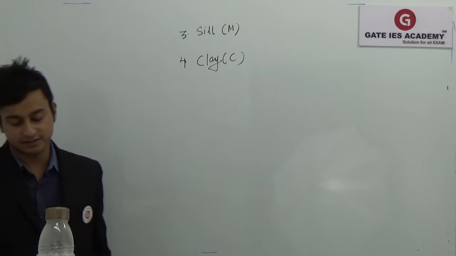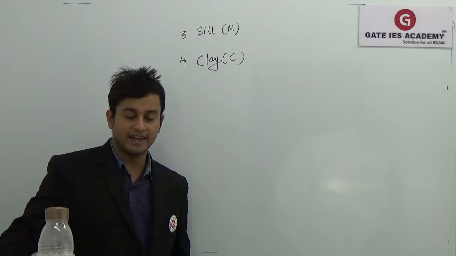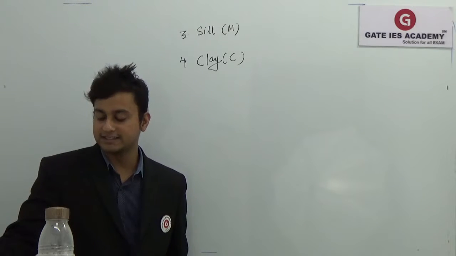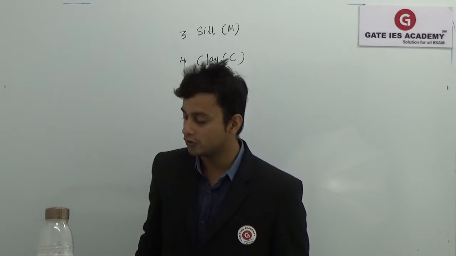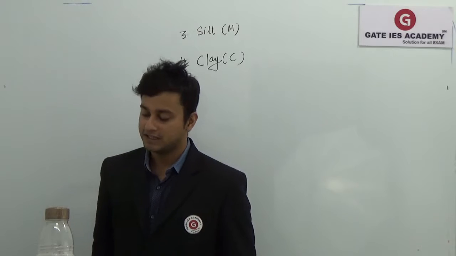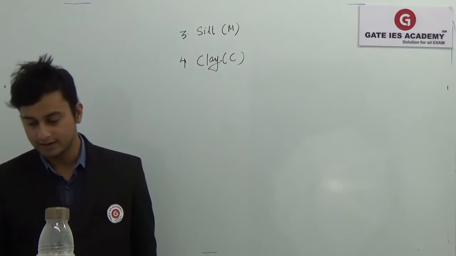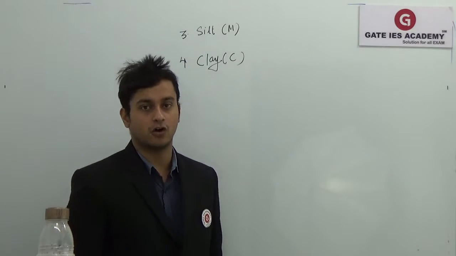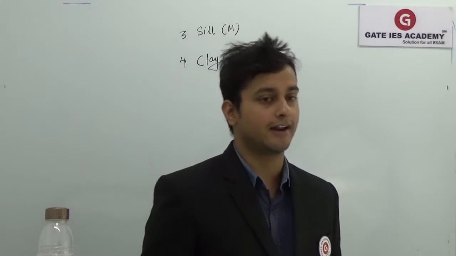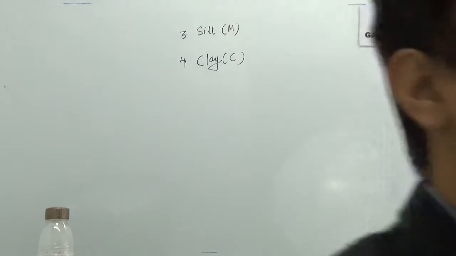Here the first property is A, write down: shows plasticity within a range of moisture content. Then write down second point: considerable strength on air drying.